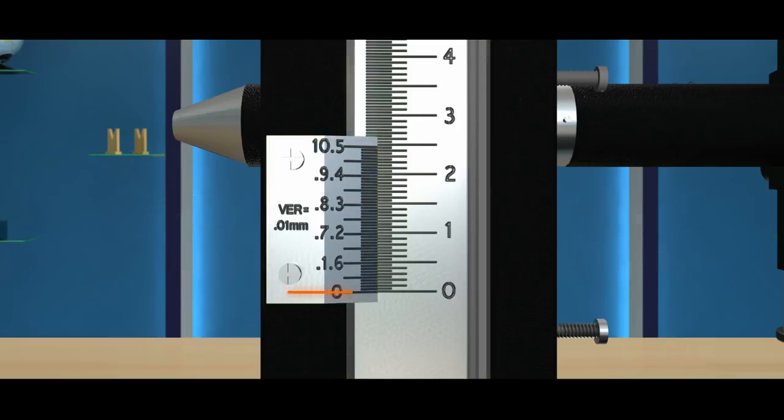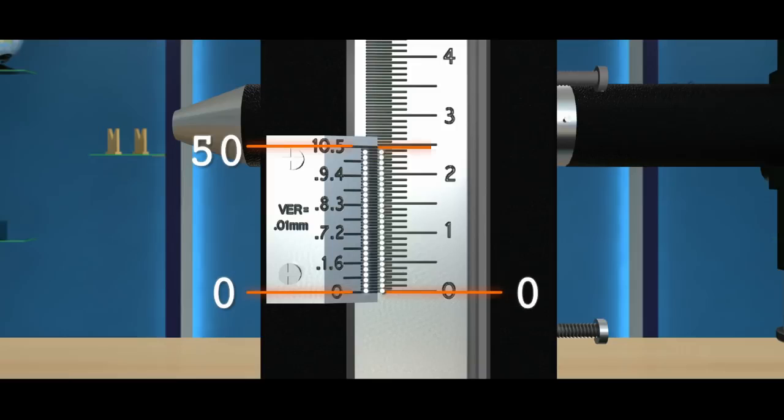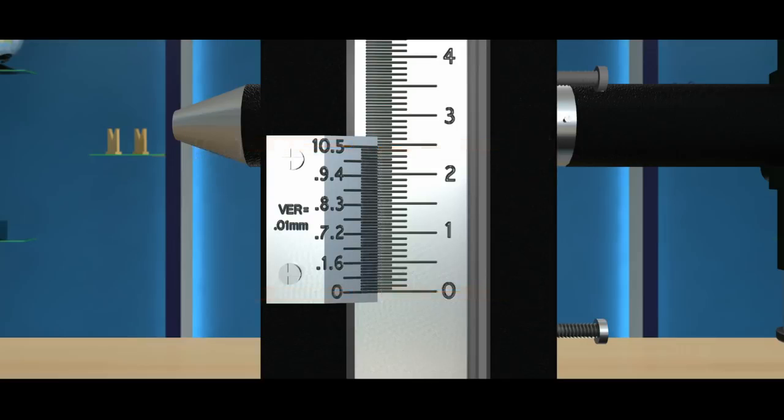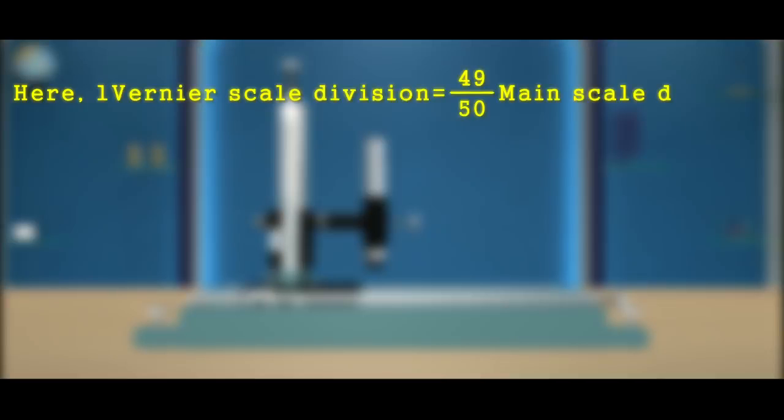Now, let us see the least count of the traveling microscope. Here, 50 divisions of the vernier scale are equal to 49 divisions of the main scale. So, 1 vernier scale division is equal to 49 by 50 main scale divisions.